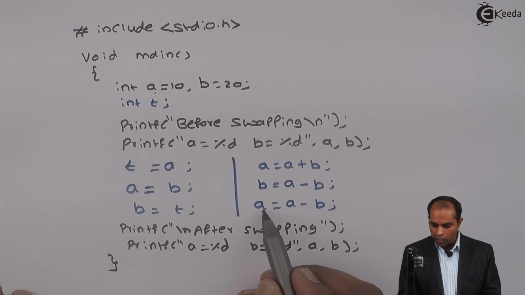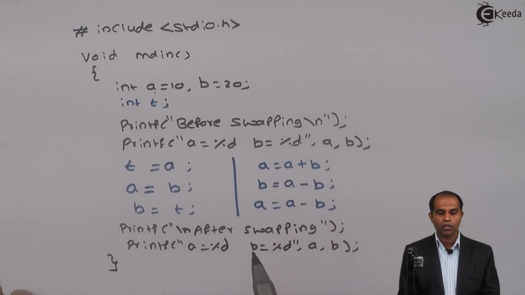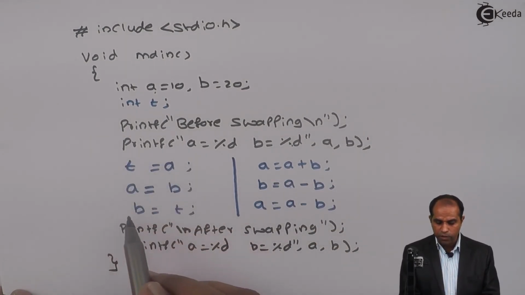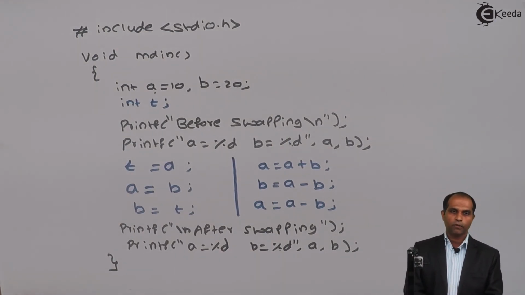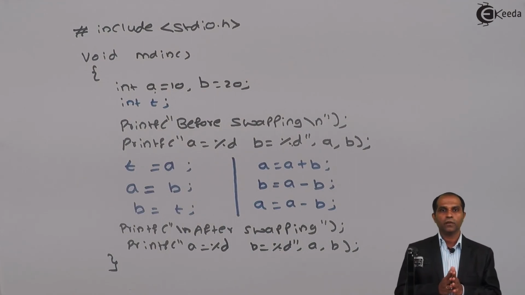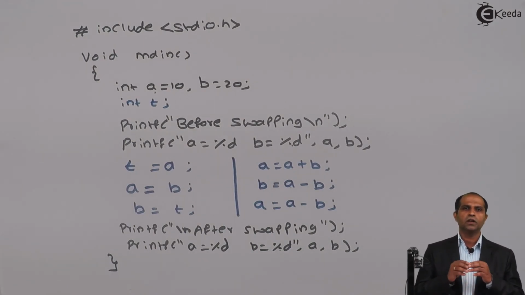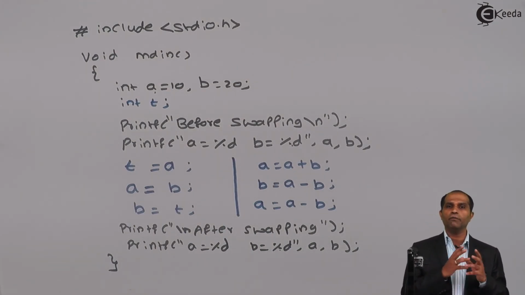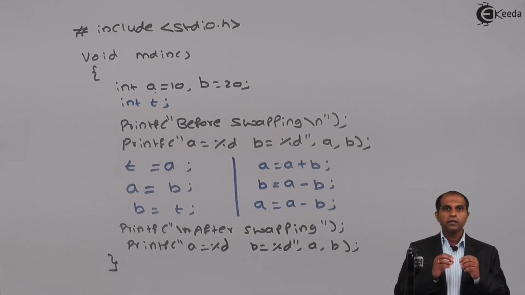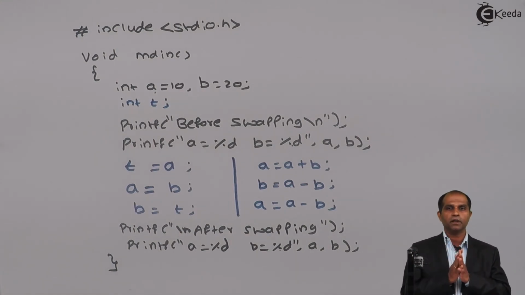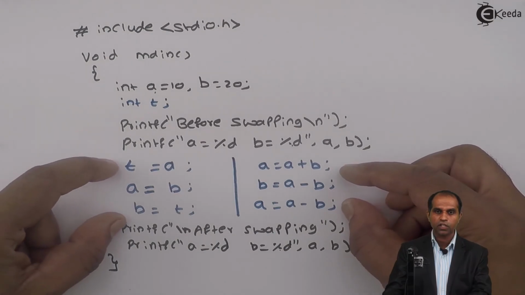So you can use either the addition and subtraction rule for swapping the values, or you can use a temporary variable to swap the values. Swapping might be simple logic, but this particular logic will be used in future programs every now and then, so the entire process need not be repeated. You need to remember just this particular swapping process.